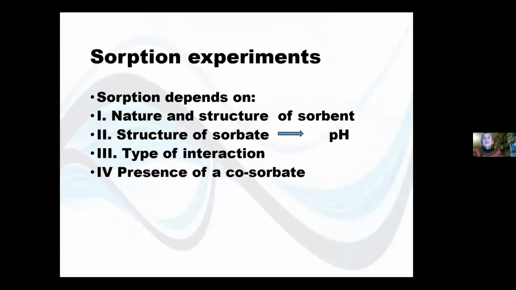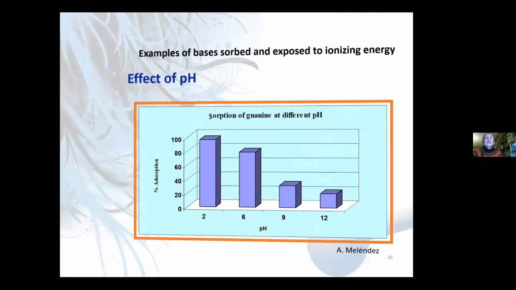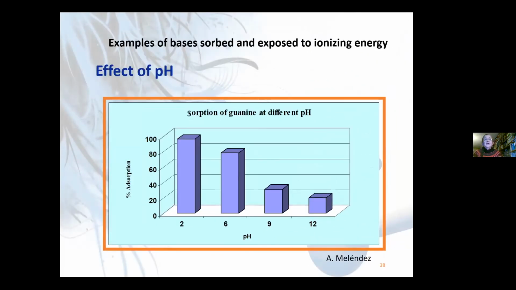The adsorption experiments depend on the nature and structure of the sorbent, the structure of the adsorbate, the pH, the type of interaction that is carried out, and the presence of a co-sorbate. So I will present some of the results with these experiments.